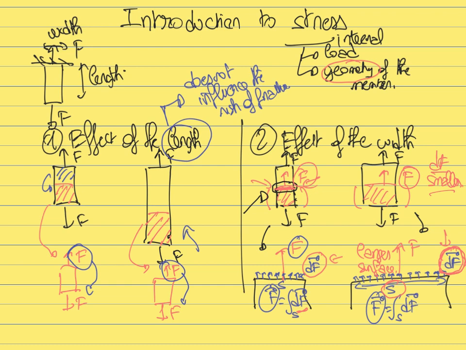So at each point of the surface of contact between the top and the bottom, the small localized force is going to be smaller because this total force F is distributed over a larger surface. So in this case, because the same load is distributed over a larger surface on the right, the member on the right is less likely to break than the member on the left.